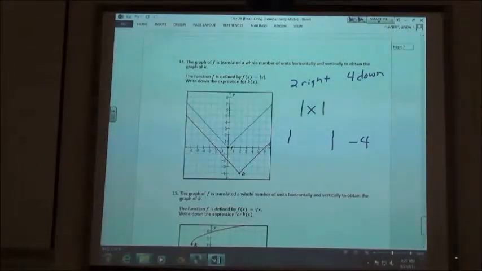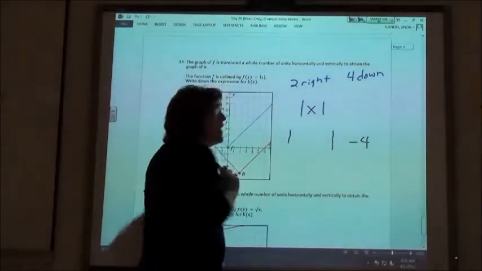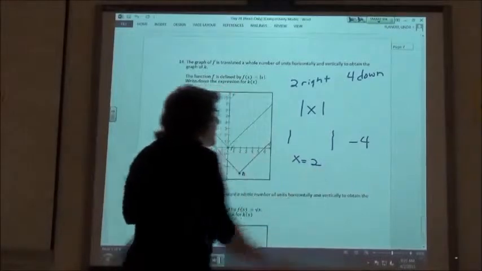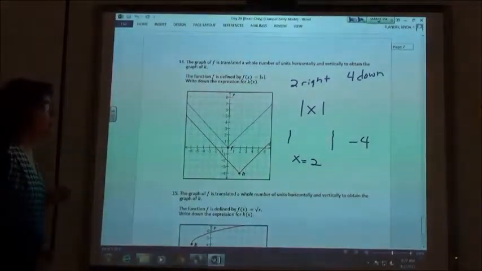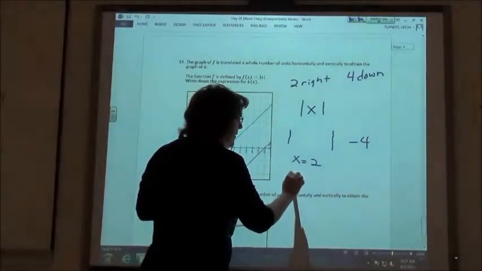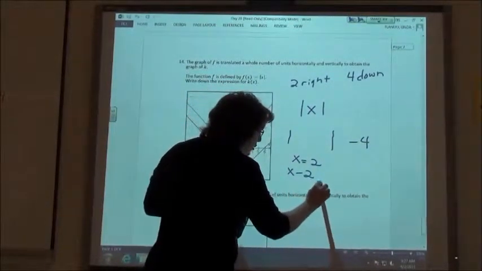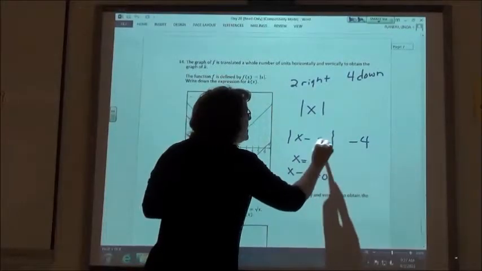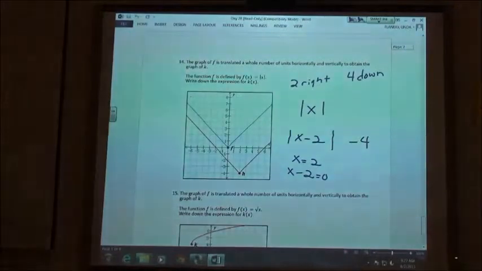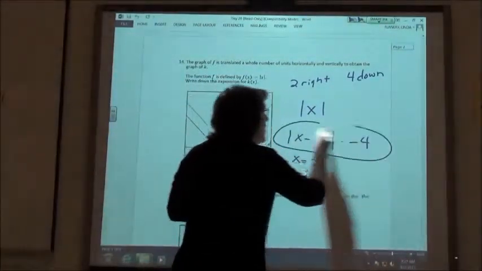If x equals 2, then I would have to have 0. So it's not x plus 2, but x minus 2. So x minus 2 is going to be in there, and so that's going to be my new answer.